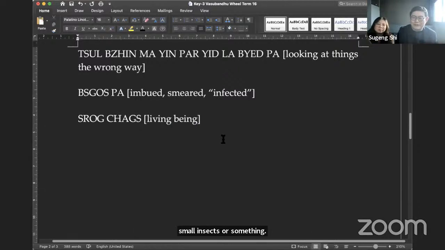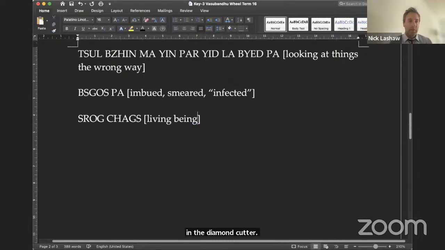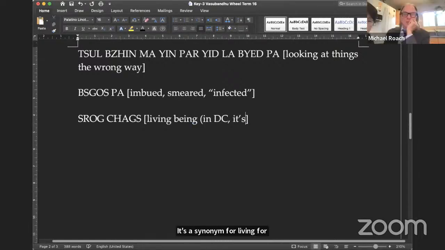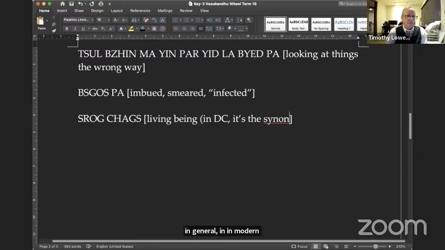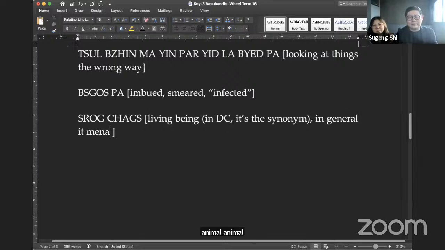Is living being all right? It can, in the Diamond Cutter, it's a synonym for sentient. But in general, in modern Tibetan, it means an animal. Okay, in general, it means animal.